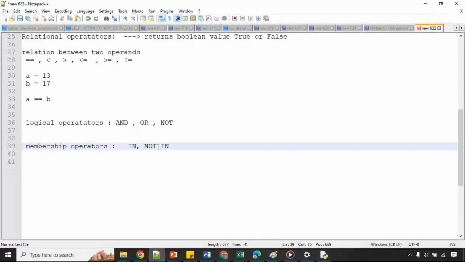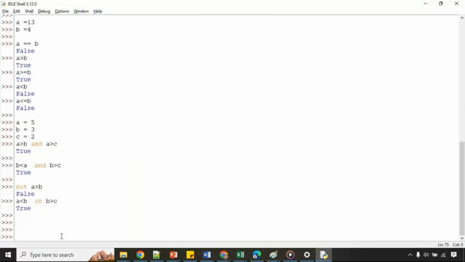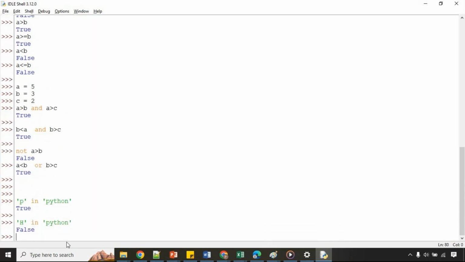Regularly we are using this one, and in last classes also I used this one. Observe here: P in Python, false.